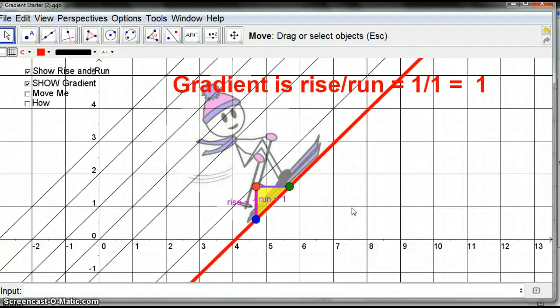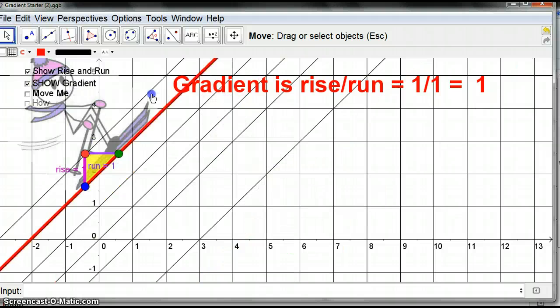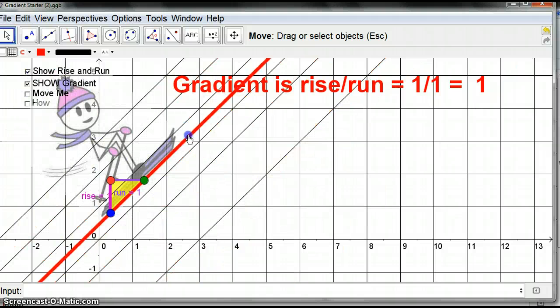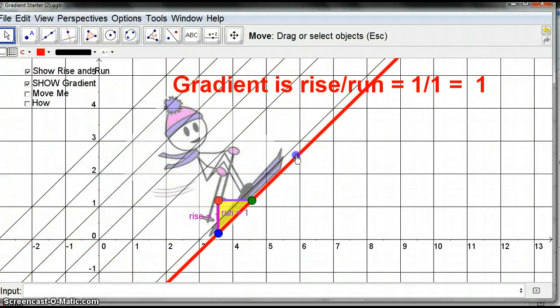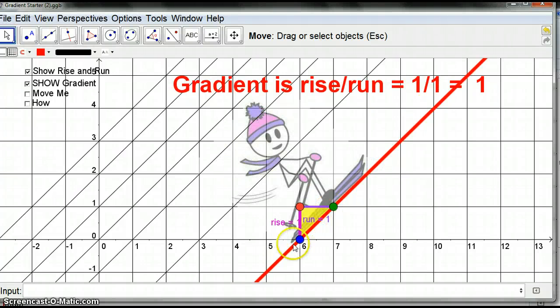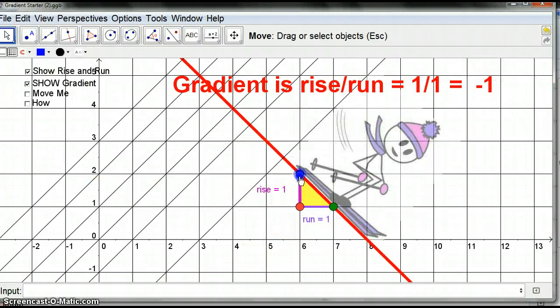So gradient is slope. It doesn't matter where I put the skiing man, they've all got the gradient of 1. Now I'm going to change his gradient. I'm going to make it negative 1. So now if I went y equals negative x, do you see that one appear? Y equals negative x plus 1. See that one appear?